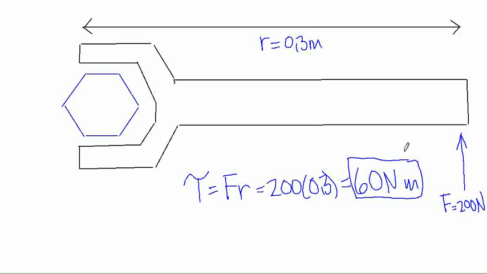Now, let me mention one subtlety regarding torques. Not only does the position that you apply the force matter, but the direction matters as well. Let me show you why.